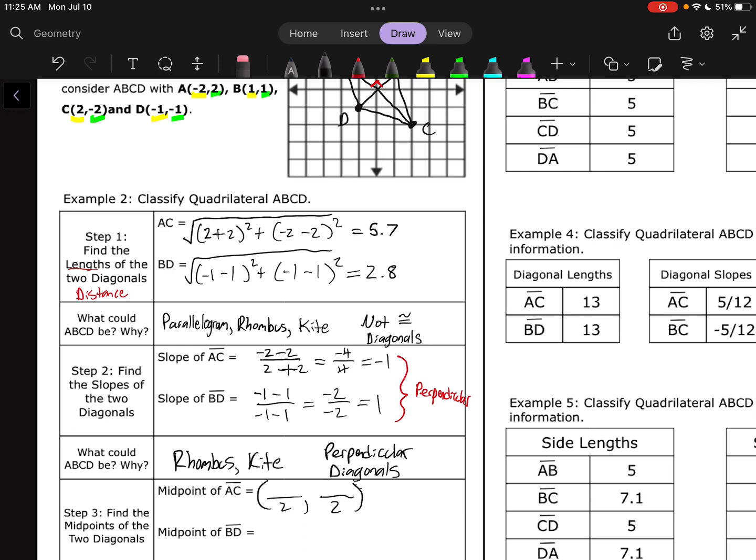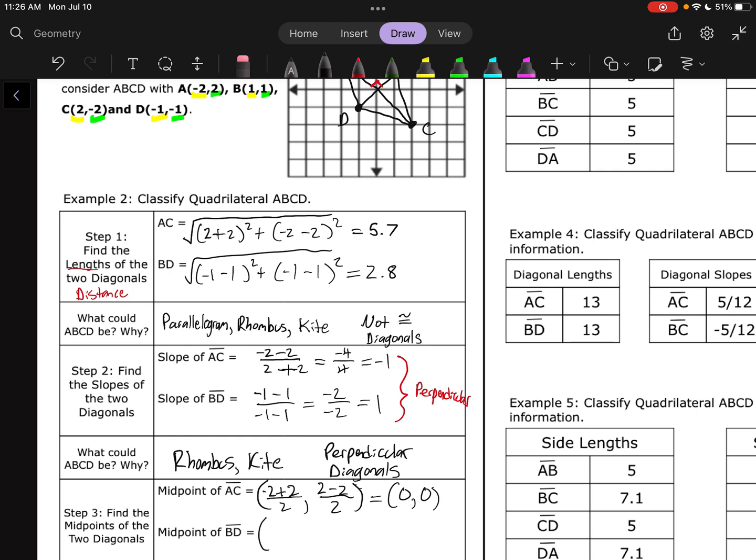So x1 plus x2 for the midpoints of AC, we would be doing -2 plus 2. And then for y1 plus y2, that would be 2 plus -2 or 2 minus 2. So -2 plus 2 is 0, divided by 2 is 0. And then 2 minus 2 is 0, divided by 2 is 0. So the midpoint of AC is right at 0, 0.